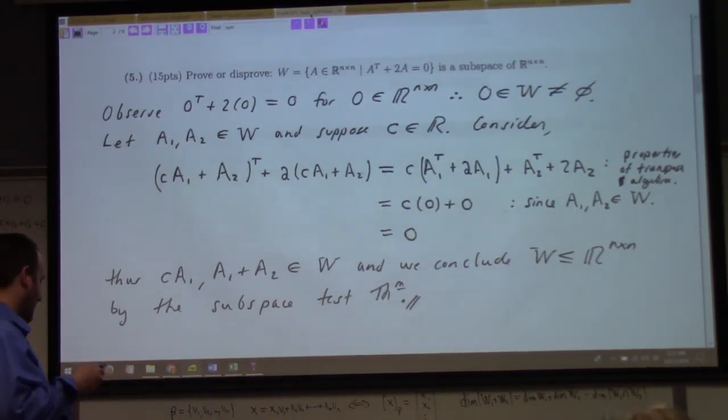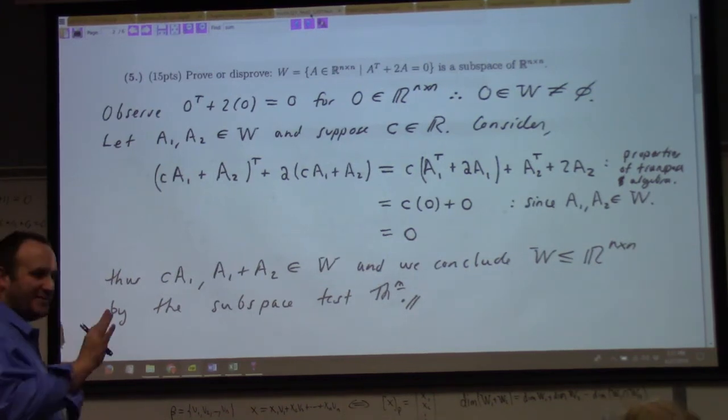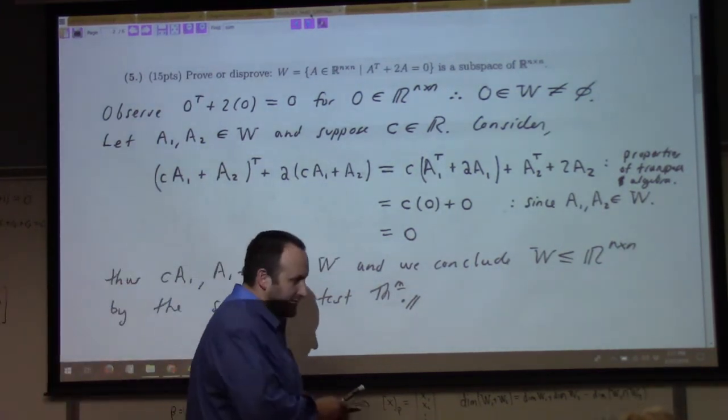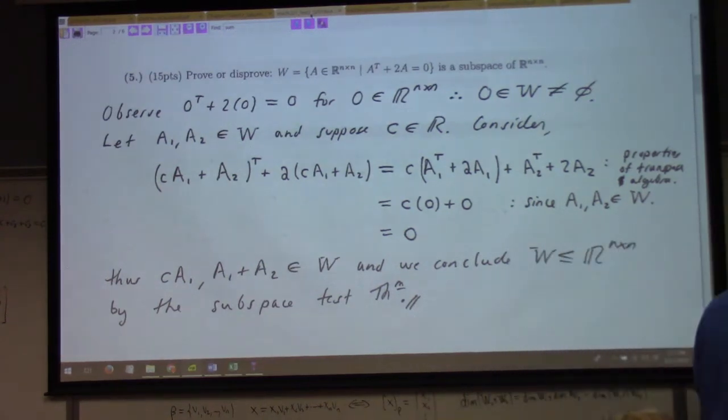Let's see if I can give a non-linear algebra example of this kind of proof writing, which you were probably taught in high school.